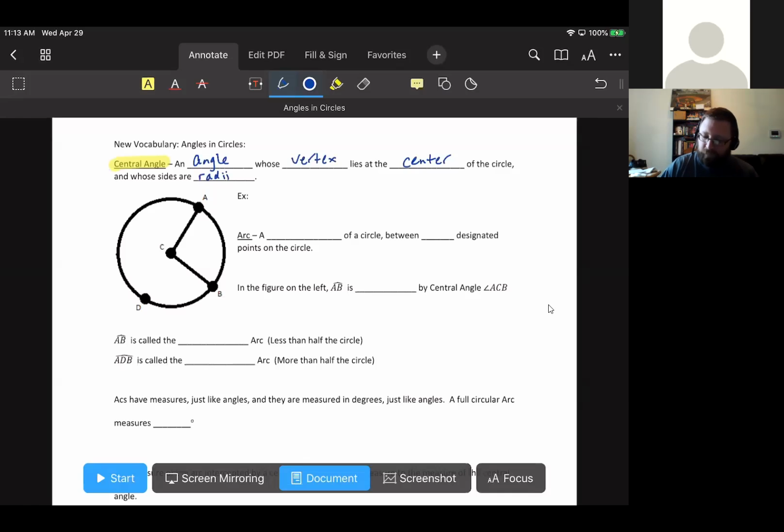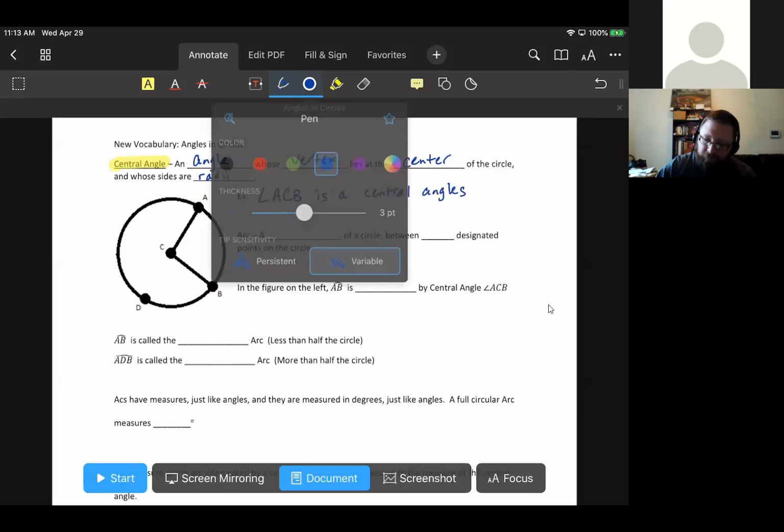Okay? So in that picture, we have angle ACB. That is a central angle. Notice the vertex C lies at the center of the circle, and the sides CA and CB are radii.